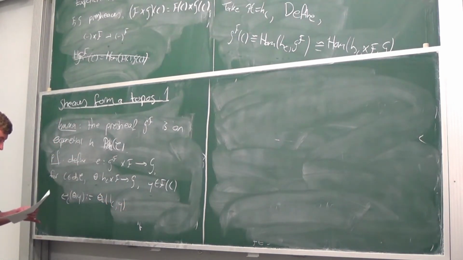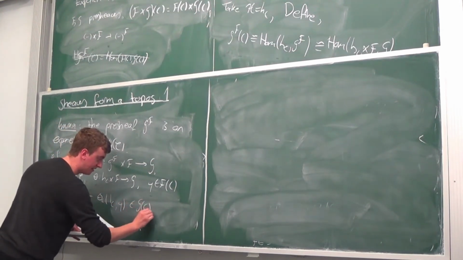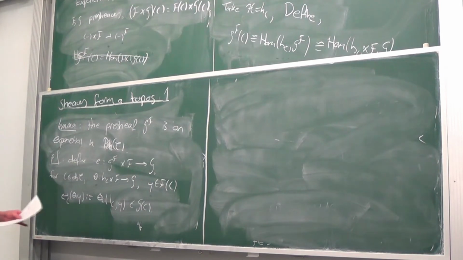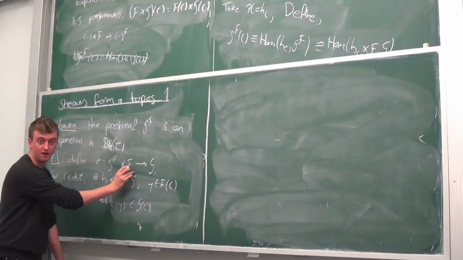And that's going to be an object landing in G of C. Okay? So this is going to evaluate a natural transformation at this guy here.